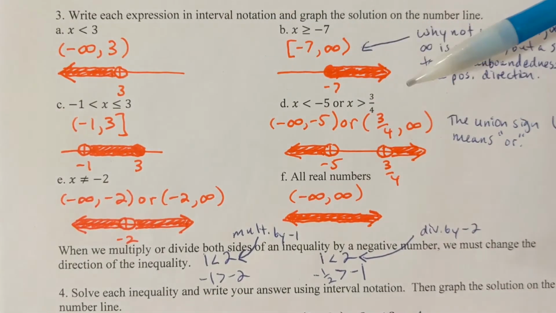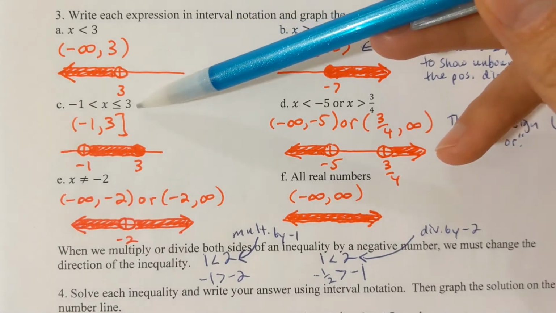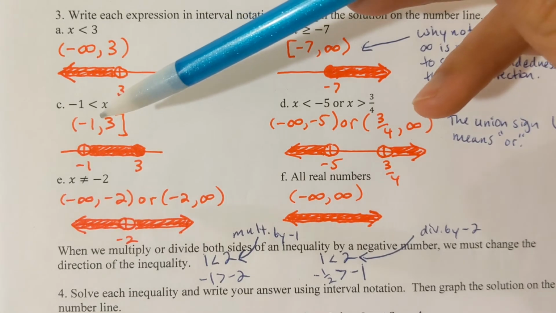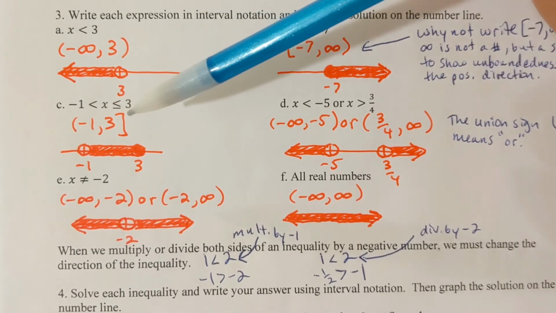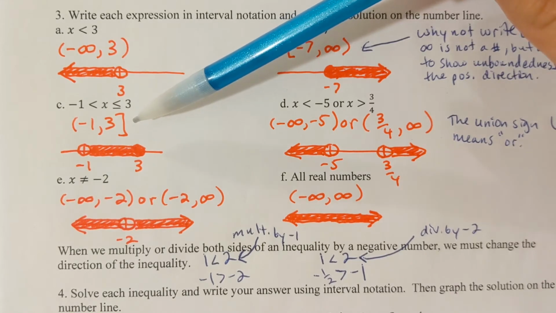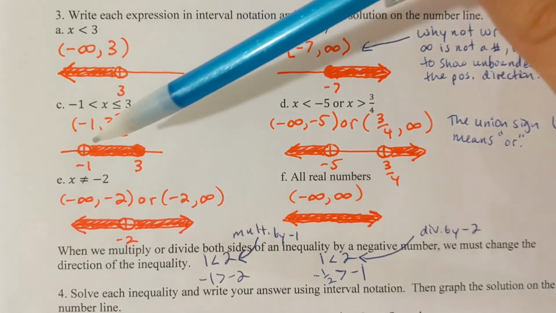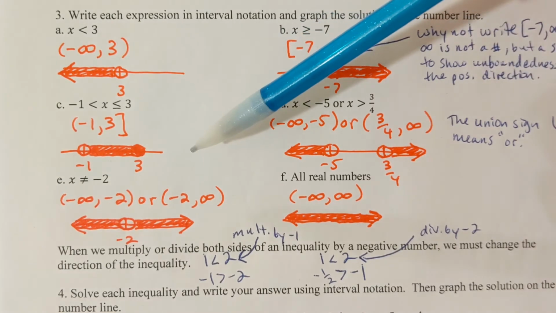Part C. All the numbers between negative 1 and 3, including 3, written as an interval, would be what I have here, negative 1 comma 3. I'm including the right endpoint, so I'd want a bracket there, and I'm not including the left endpoint, so I'd want a parentheses over on the other side. On the number line, here I've marked out negative 1 and 3.